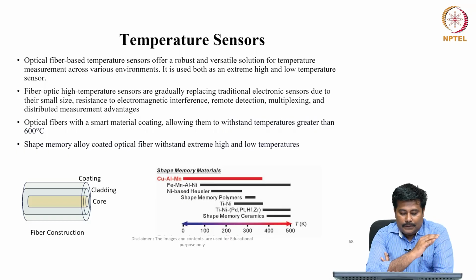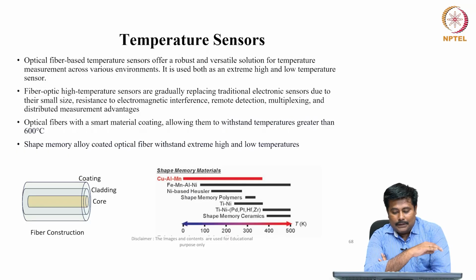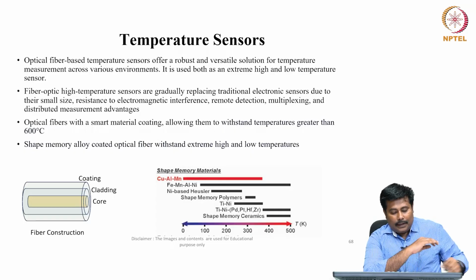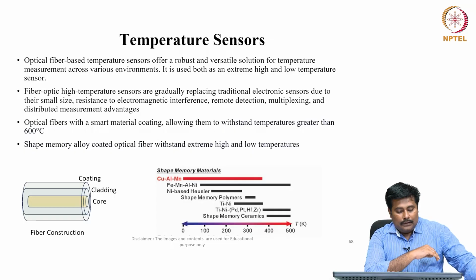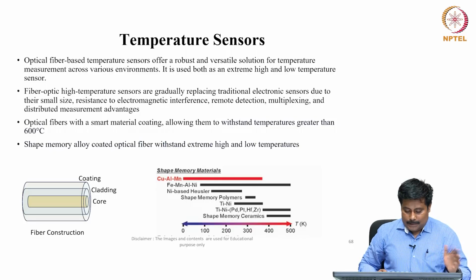Optical fibers with smart material coating can withstand temperatures greater than 600 degrees Celsius. So, shape memory alloy coated optical fibers withstand extreme high and low temperatures.